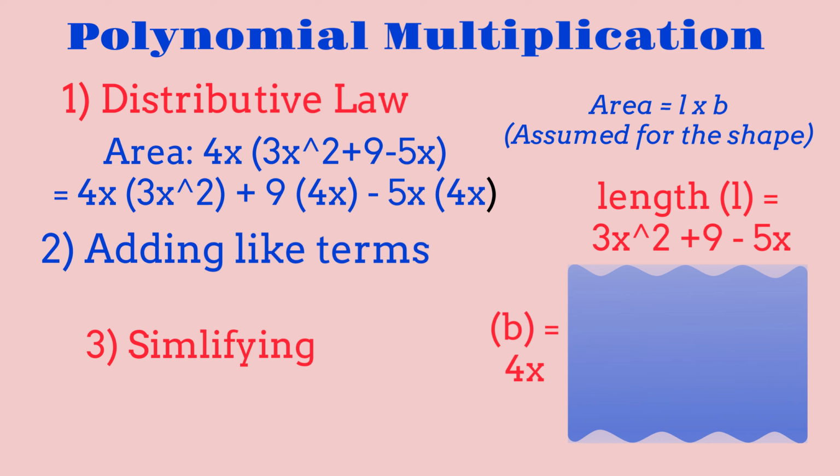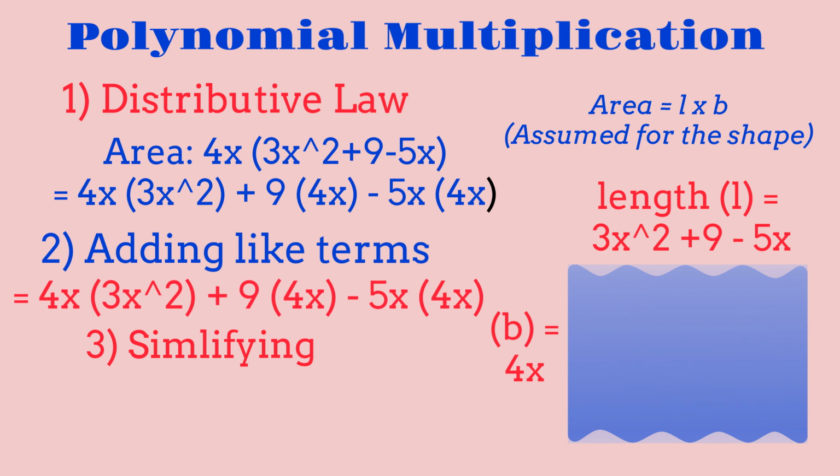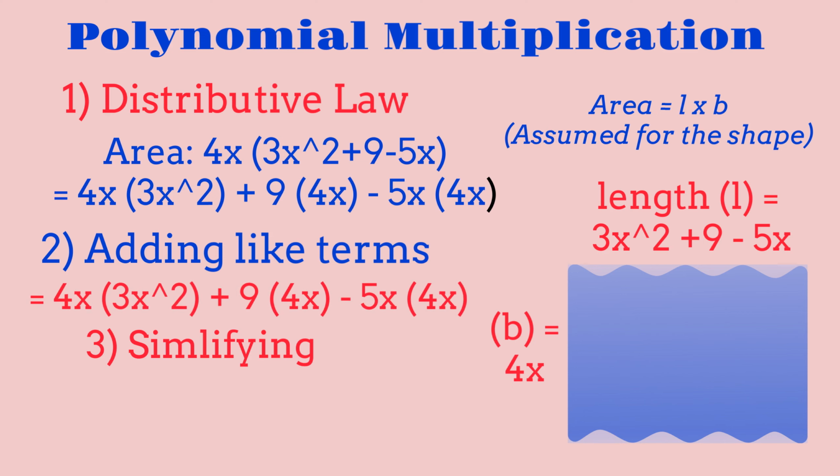That's our first step, and we just distributed the 4x to every single one of the terms. Step number 2 is to add each single like term. But in this example, we don't have any like terms, so we don't have to add any of them. But if we did have like terms, then we would have to add them.